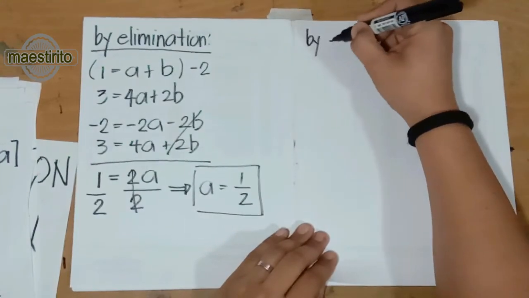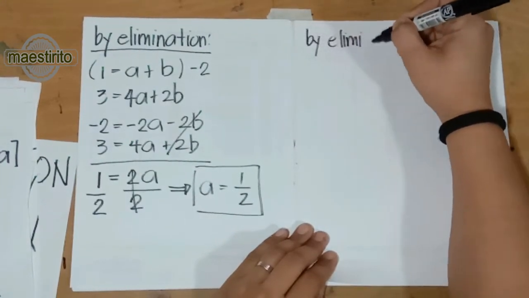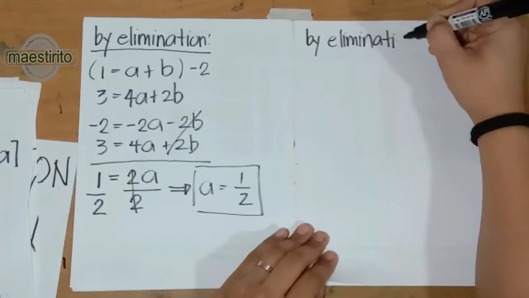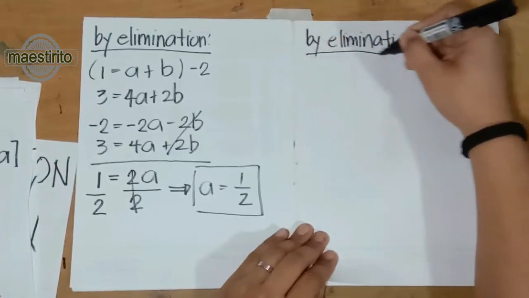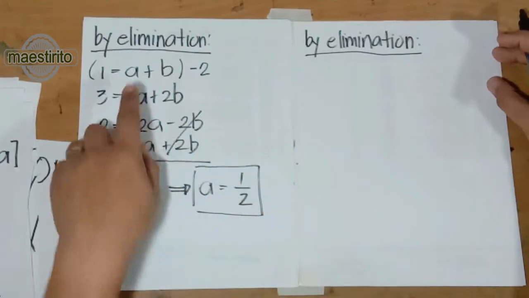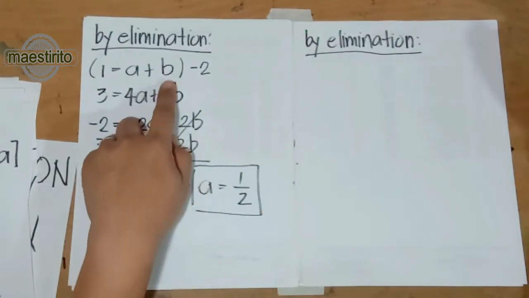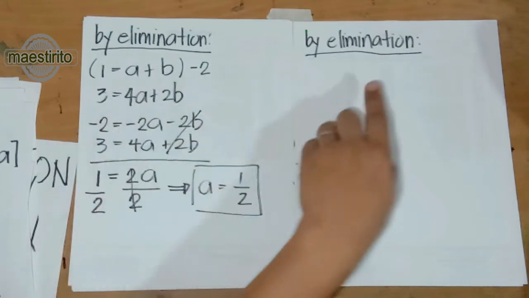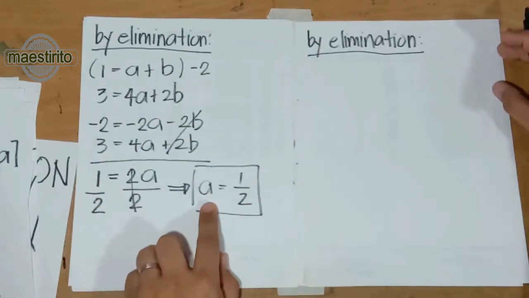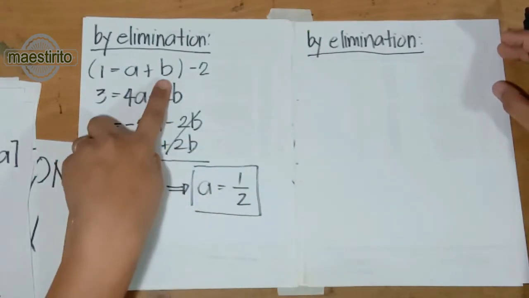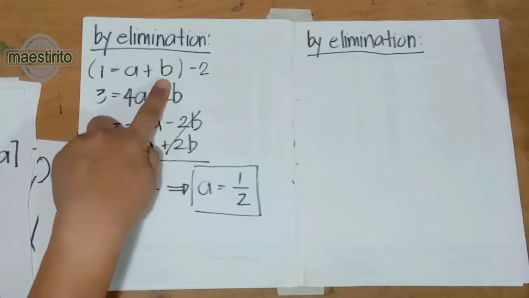Actually, once you have performed the elimination for the first variable, to solve for the b you may opt to do the elimination again, or just substitute the a here with 1/2 to get the b. Did you get what I mean?